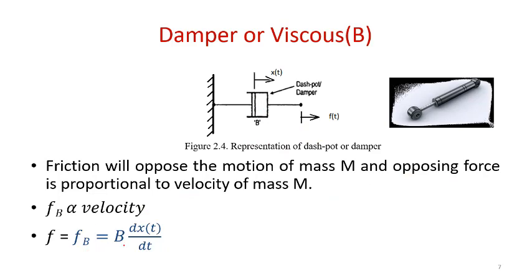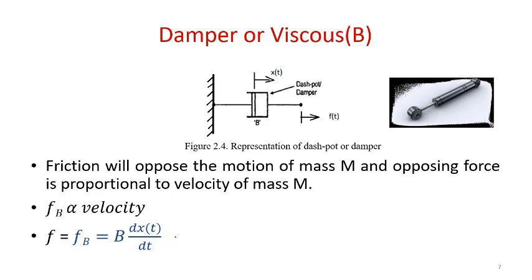We remove the proportionality and bring in a constant, the frictional constant, or Coulomb's constant, B or C. The derivative of x is equal to velocity, that is d by dt of x(t) is velocity. So F is equal to Fb is equal to b into dx divided by dt.